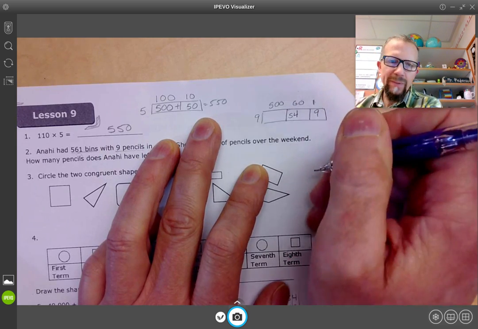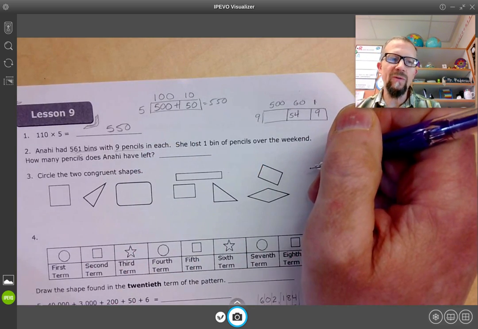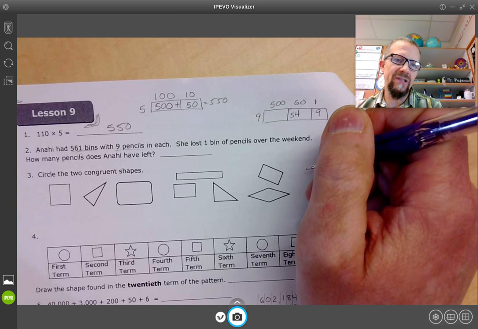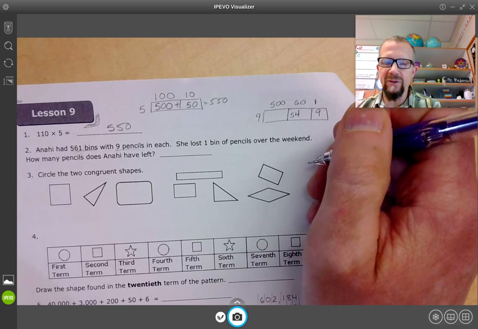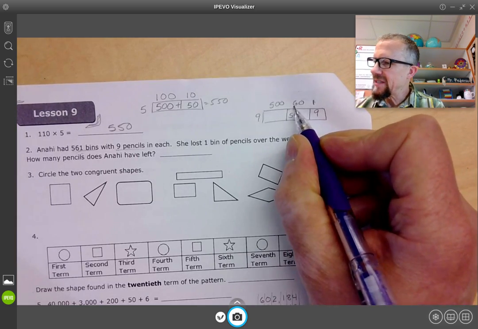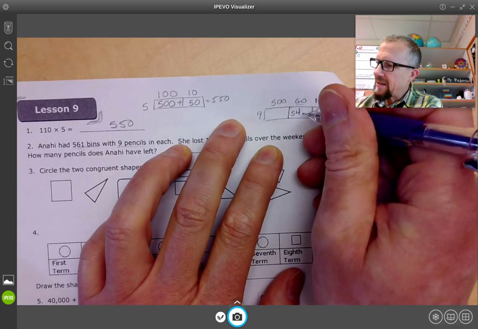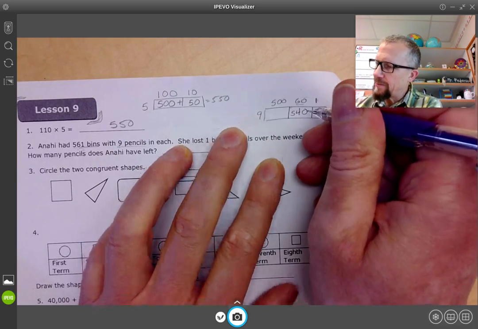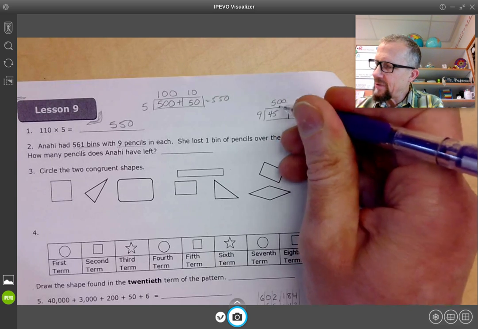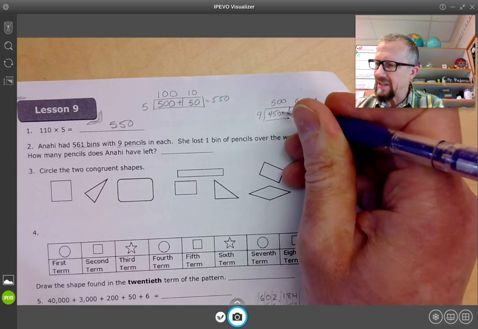If you're not sure about your multiplication tables, you can always just type in multiplication table in the Google search and you will find tons of multiplication charts and you can look these things up. Since this was 60 and not just 6, I have to place this 0. And then 9 times 5 is 45, but we had 500, so this is 4,500.